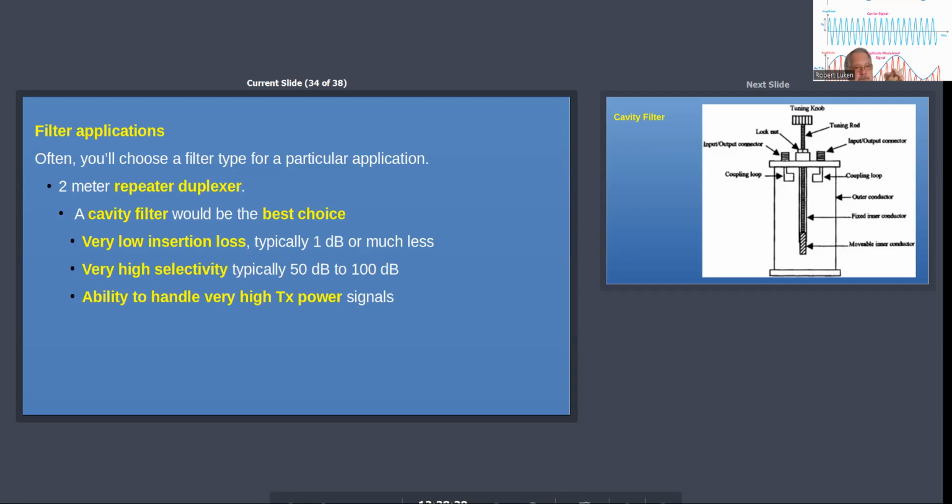One of the reasons you use the cavity filter is because they have very low insertion loss, less than a dB typically. Very high selectivity, 50 to 100. And they can handle a lot of power because they're physically large filters. They're cans with a tuned cavity, capacitor, inductor, and you tune it.